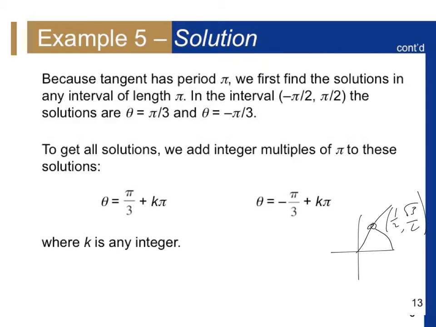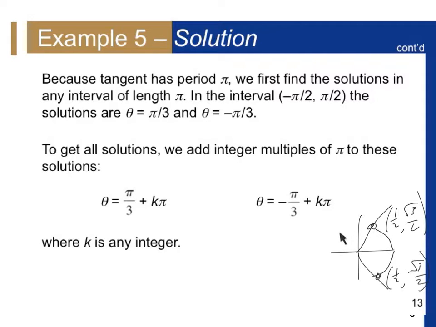So we can use minus pi over 3 as well, and that gives us the point 1 half, minus square root of 3 over 2. This would give us a tangent of minus square root of 3. So these are kind of our two basic solutions here, pi over 3 and minus pi over 3, and add k pi to each one.